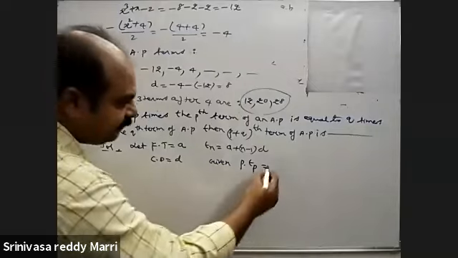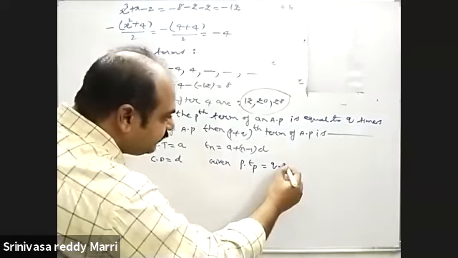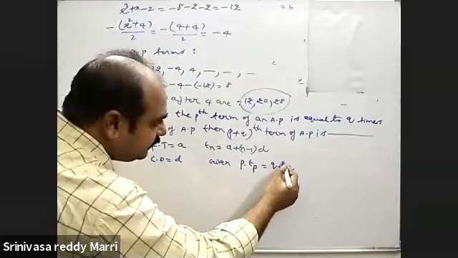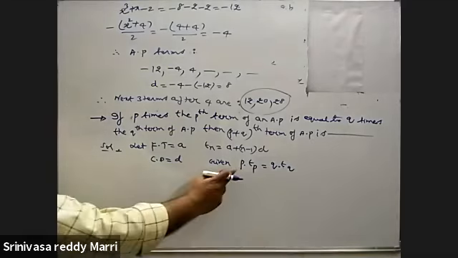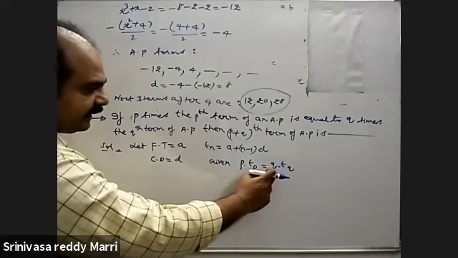P into TP equal to Q times the qth term, Q into TQ. This is given.